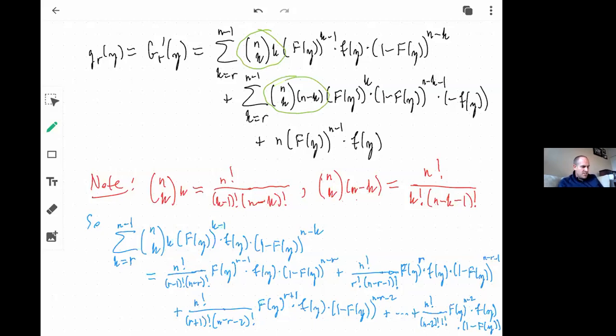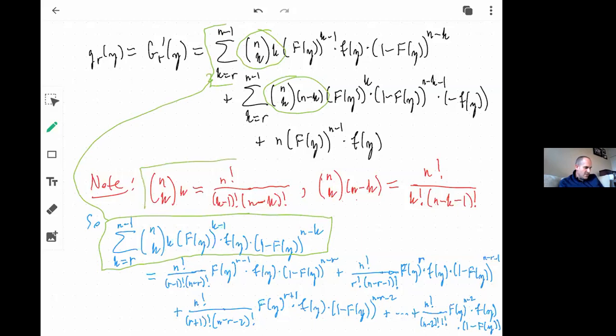Okay, so the first thing I'm doing here is I'm looking at this first sum. This sum is that sum right there, and I'm just using this first identity right here, and I'm writing out what the sum actually is.